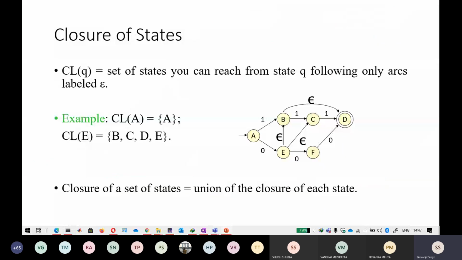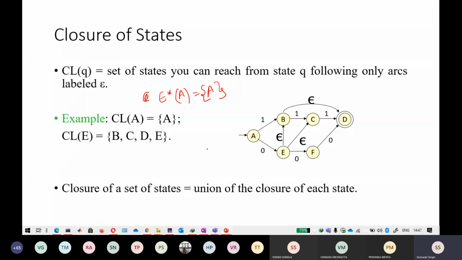Okay, so let me show you the closure of states here. Suppose this is the algorithm. It is saying epsilon closure of A here. A will always be in the set, and on getting an input of epsilon, it is going nowhere. So epsilon closure of A is simply A. But if you see epsilon closure of E, there is one more closure in the previous example that I have not added.